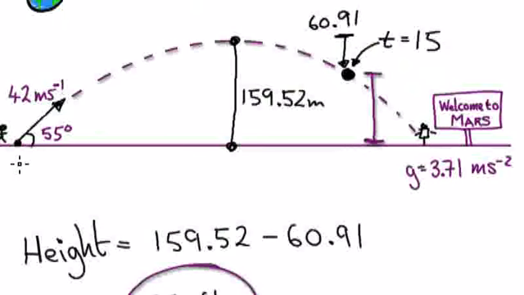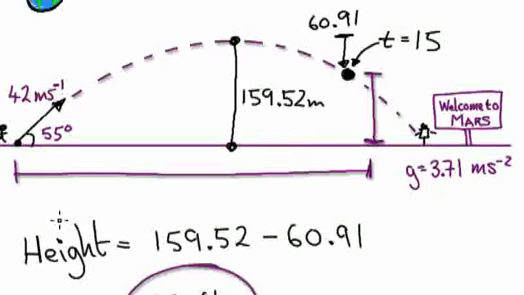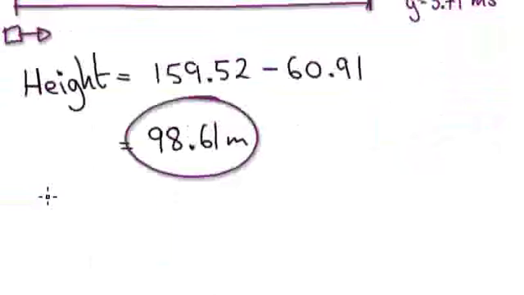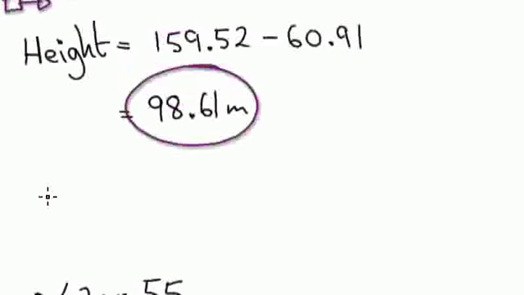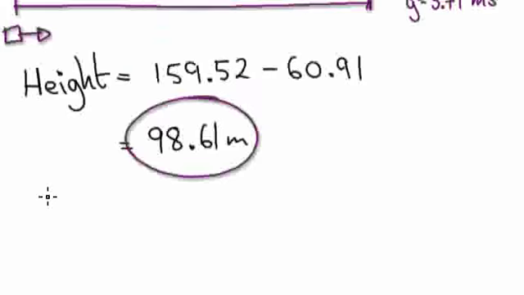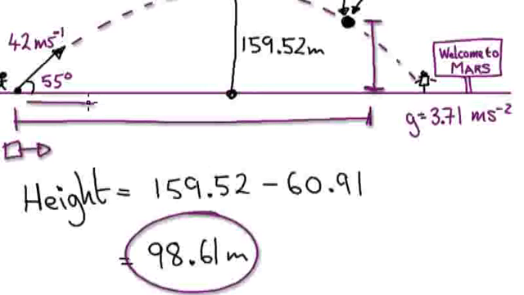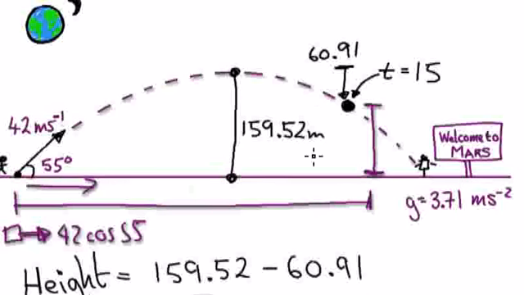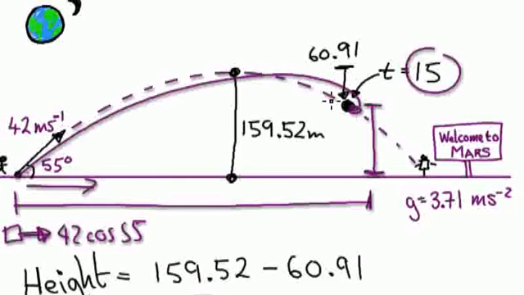Now you still need to know this distance here. Well, imagine you and your dad sitting in a car, driving at 42 cos 55 meters per second in this direction. And don't forget, you're traveling for 15 seconds because it takes 15 seconds for the cannonball to get to here.